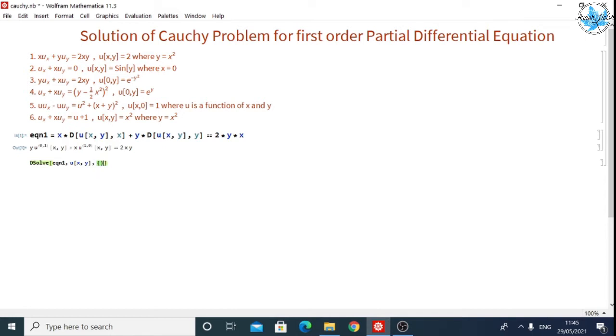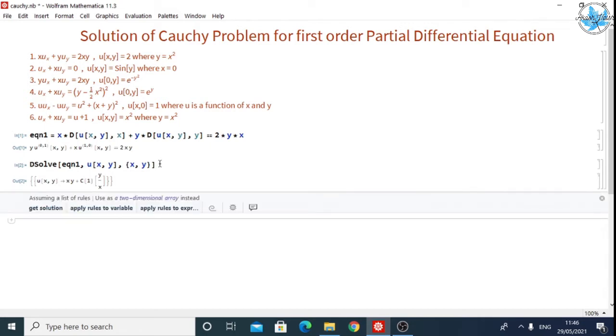Then within curly bracket x comma y. Shift plus enter, and this is my solution: u of x comma y equals xy plus c1, which is my constant, into y by x.